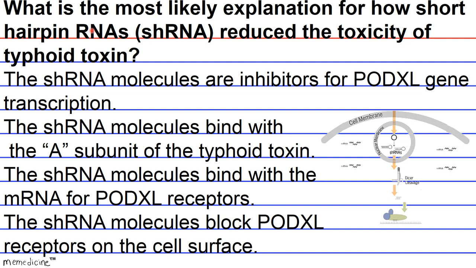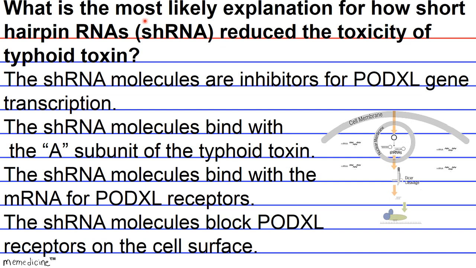So it's most likely that the short hairpin RNAs contain a complementary sequence for the PODXL gene, okay, and therefore block PODXL receptors from ever being made in the first place on the surface of the rough ER, the rough endoplasmic reticulum.